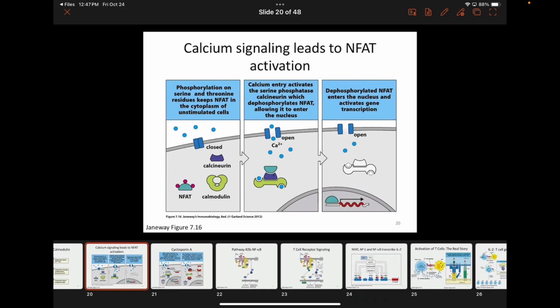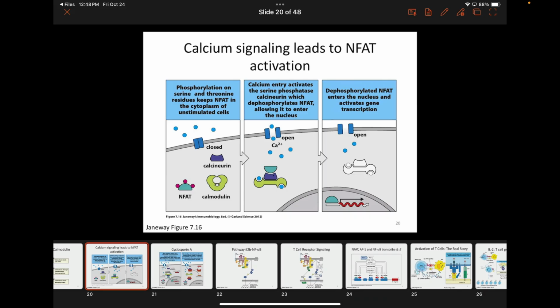And the reason why everybody knows the calcium pathway is because the first big drug that anyone invented that can influence the immune system is influencing this calcium pathway. We have this drug that actually blocks calmodulin-calcineurin interaction and makes it so NFAT can never get dephosphorylated and NFAT can never go to the nucleus.